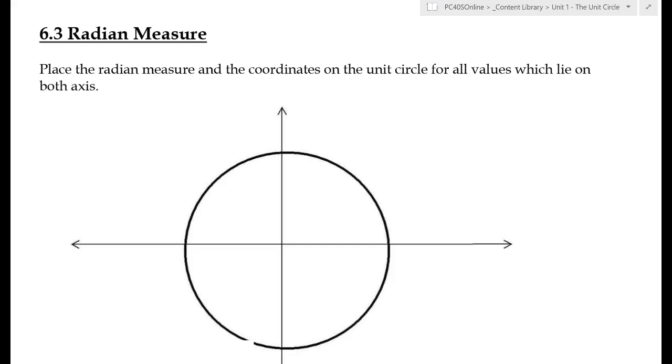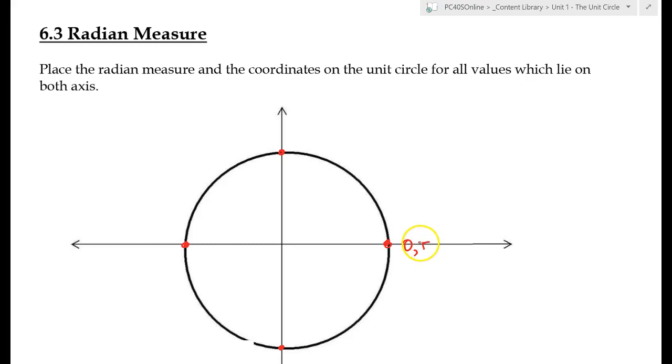So we'll start with just the points that land exactly on the coordinates, which are, I'll use red just so they're more visible, here, here, here, here, lying right on the axes. So this is at 0 radians.